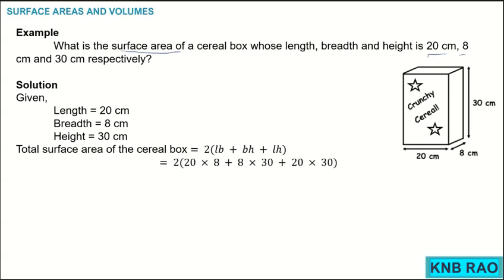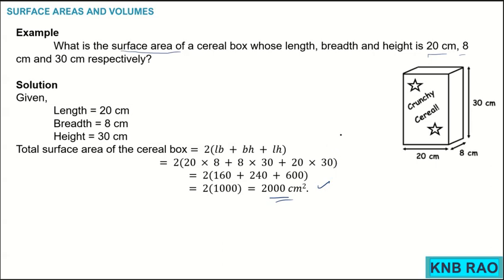The total surface area formula is 2 times (LB plus BH plus LH). Substituting them, 2 into (20 into 8 plus 8 into 30 plus 20 into 30). That is 2 times (160 plus 240 plus 600), and the sum of them is 2 into 1000. We have got 2000 centimeter square as the surface area.